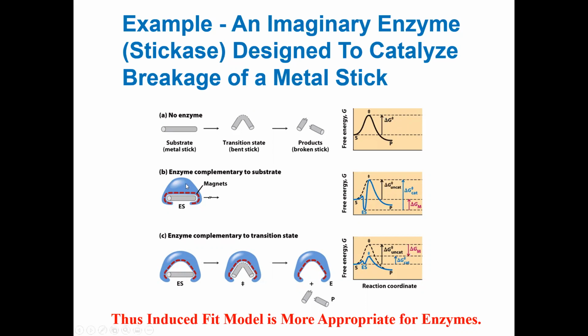Cool. So let's imagine a scenario where you do have an enzyme like Emil Fischer's enzyme. Emil Fischer proposed that the enzyme is completely complementary to the substrate, like lock and key.